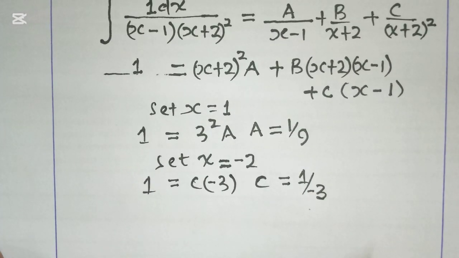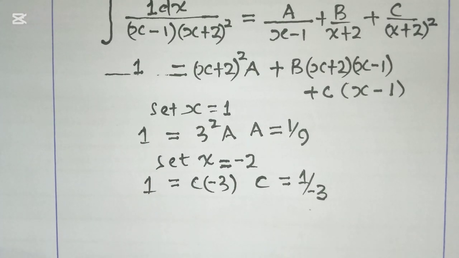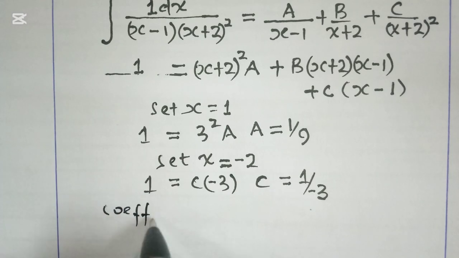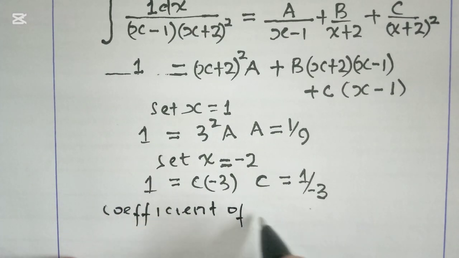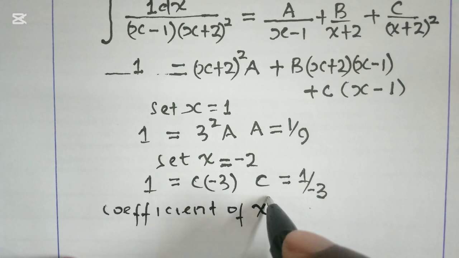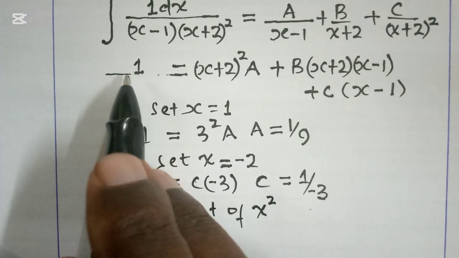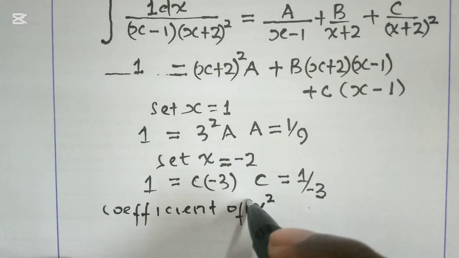We are now remaining with the b. For b, guys, we can use what we call coefficient of x squared. This one is easy because for coefficient of x squared we don't have x squared here. So the coefficient of x squared is going to be 0 now.